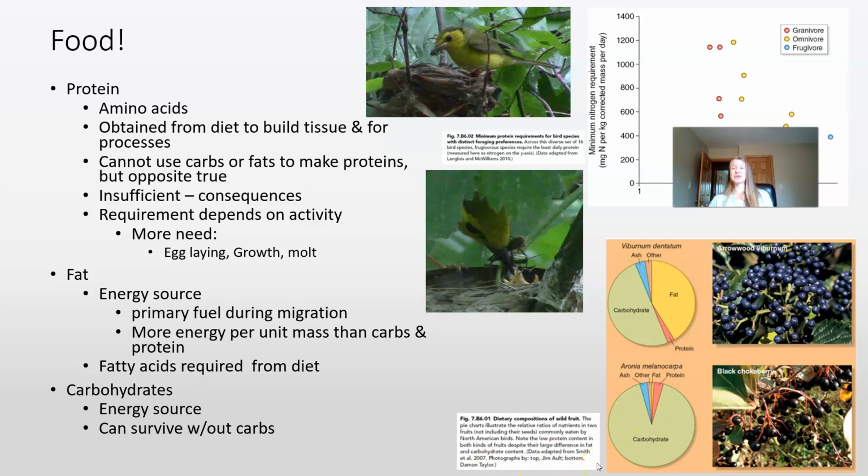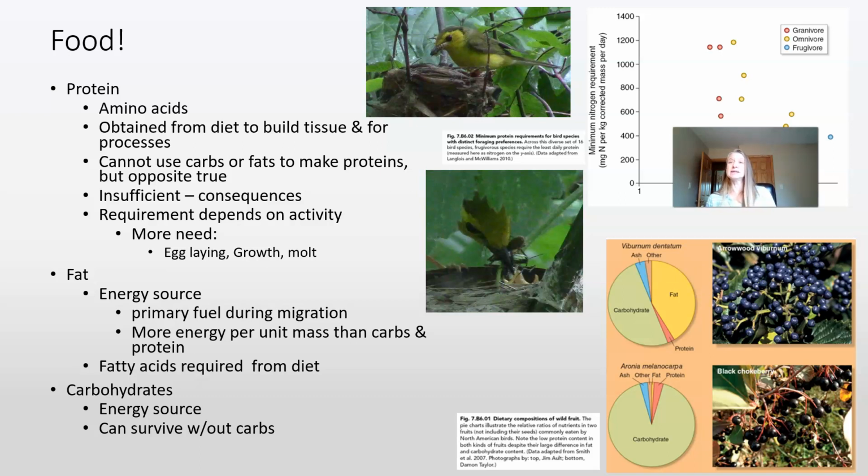However, not all fruits are created equal. Some fruits are going to have a higher composition of carbohydrates and fats. Very good fat berries would be like viburnums. I had a bunch of birds defending my viburnums late this summer whenever the viburnums had fruit on them. Other really nice fatty berries include dogwoods, poison ivy, Virginia creeper.